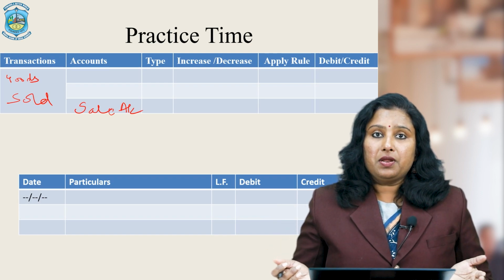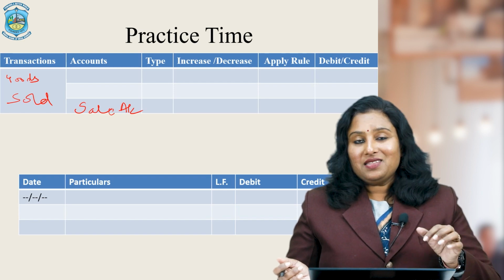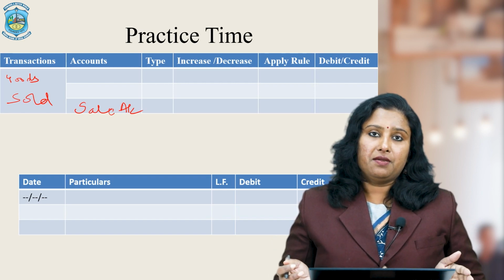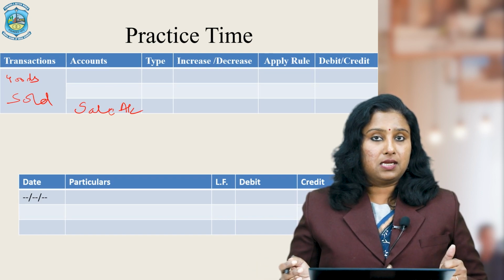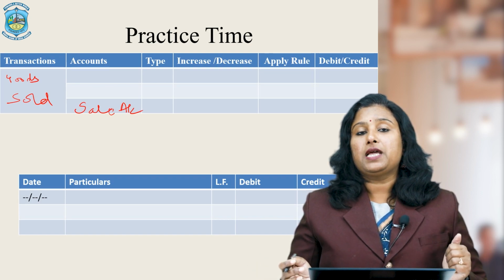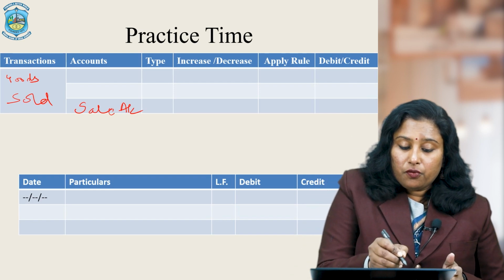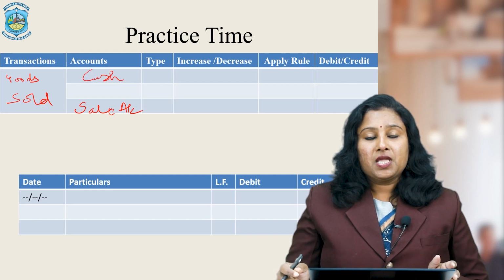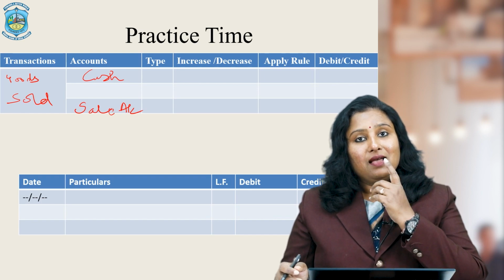What is the other account getting affected? Well, if nothing has been mentioned about to whom the goods have been sold or the party's name is not given, then we cannot assume it as a credit sale. Therefore, it will be assumed as a cash sale. Therefore, we will write cash account, that is the other account getting affected. Now, cash account again is an asset account.